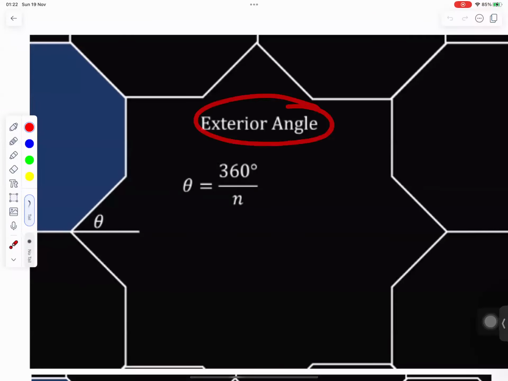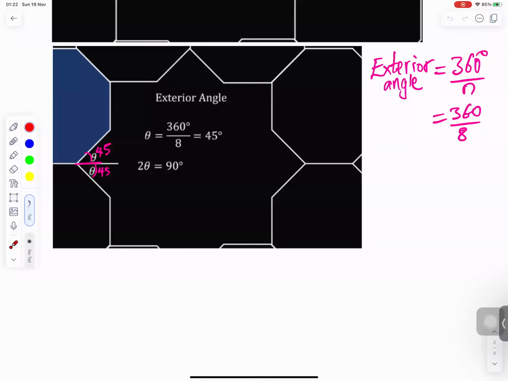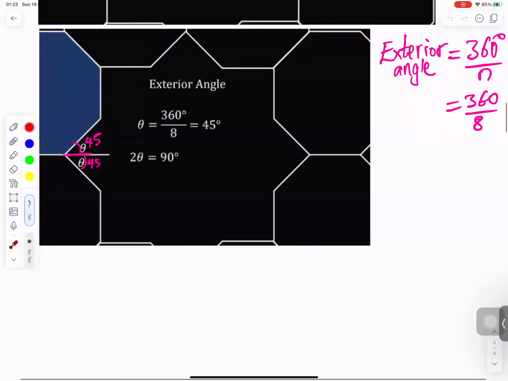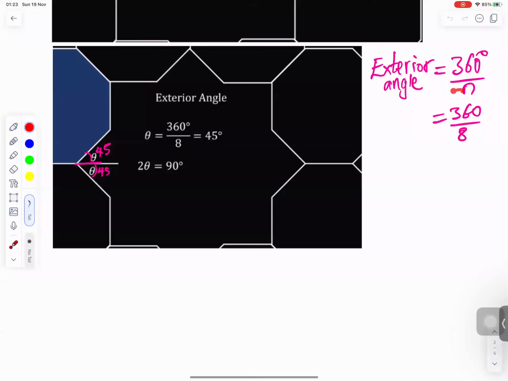For an exterior angle, the formula is 360 degrees divided by the number of sides. So if you see that polygon there, this theta is the exterior angle because it's outside. 360 degrees divided by the number of sides. So that's the formula we use to find that angle. Because it's an octagon, n is 8.